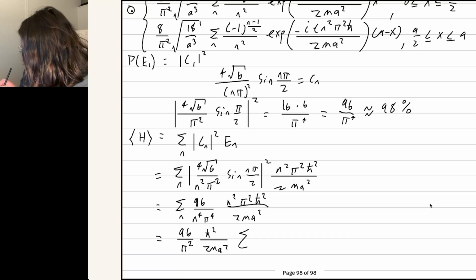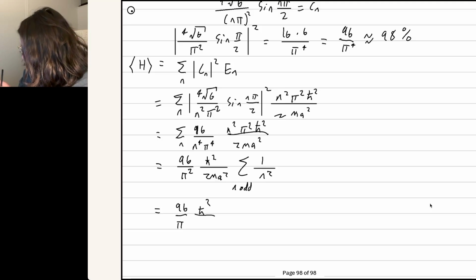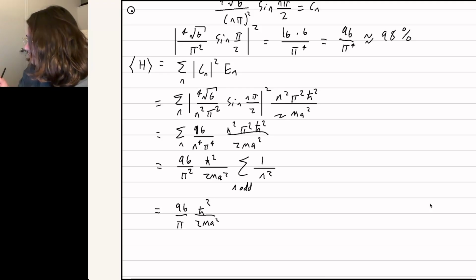And then it's the sum of 1 over n squared, where n is odd, which is a known arithmetic series, which is given by pi squared over 8.